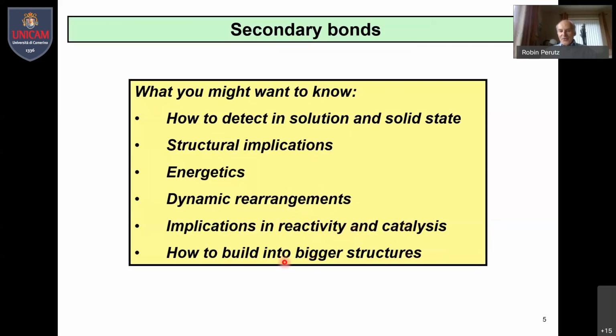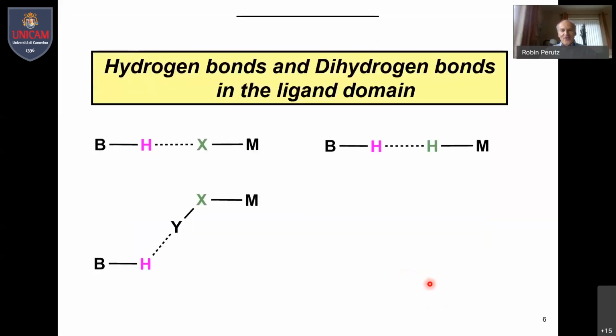We can also use the interactions to build much bigger structures. And the MOFs that Omar Yaghi talked about were not held together by hydrogen bonds, but many of them are. So that's another area where we have great influence. So we're going to start with the hydrogen bonds, the dihydrogen bonds in the ligand domain.